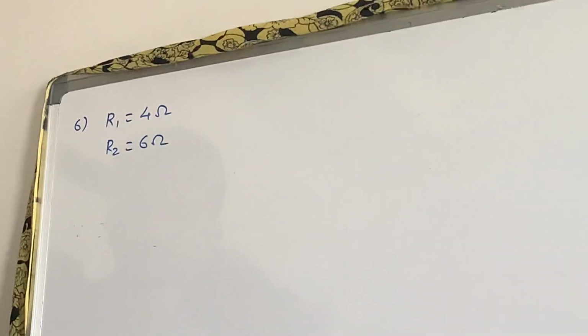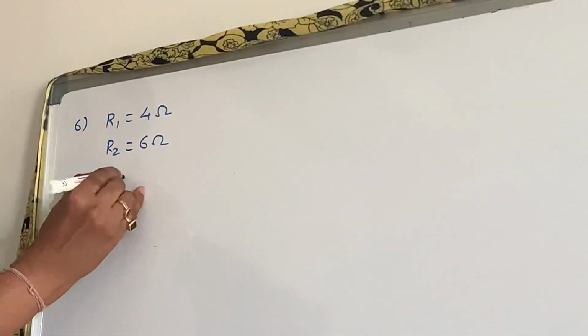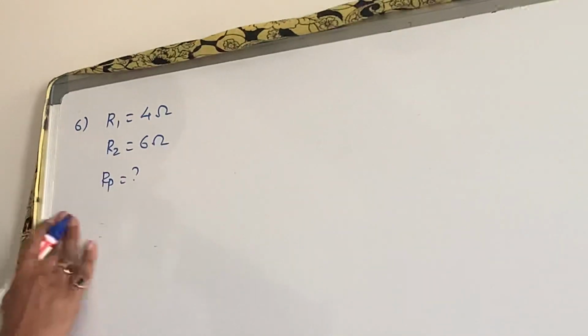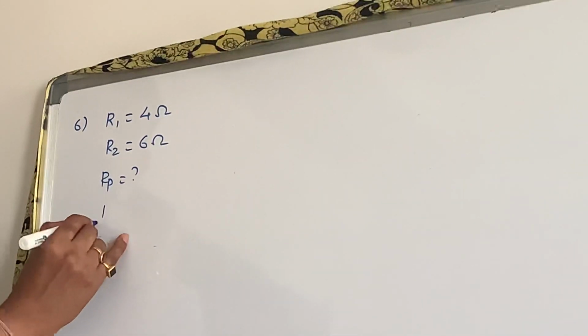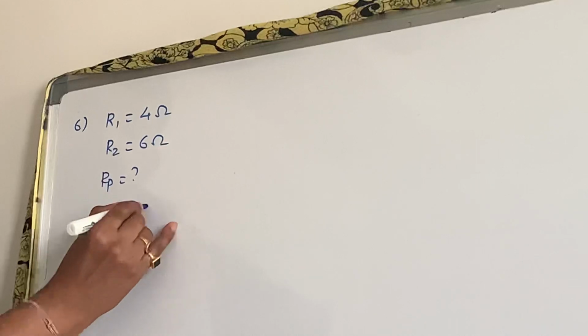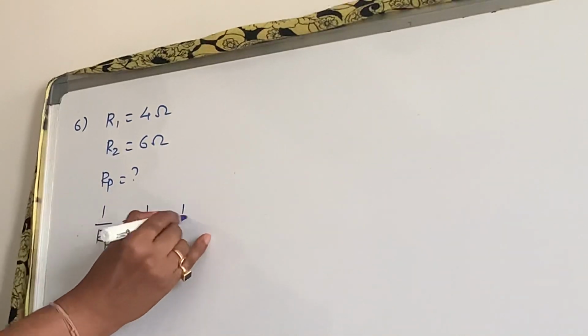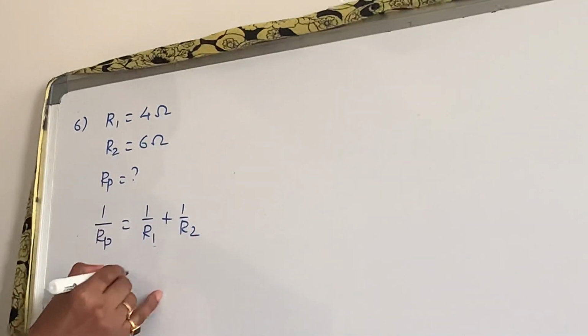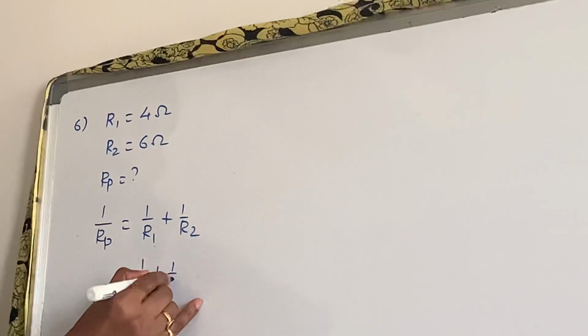They are connected in parallel. Find their equivalent resistance. They want RP. RP is question mark. So since you have 1 by RP is equal to 1 by R1 plus 1 by R2. So this is 1 by 4 plus 1 by 6.